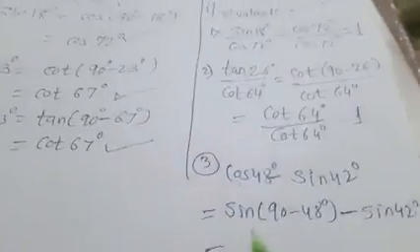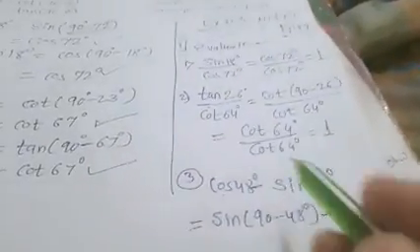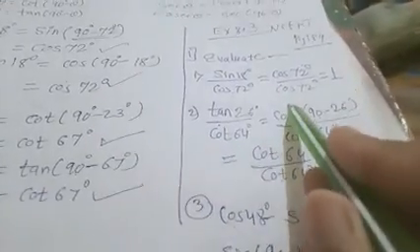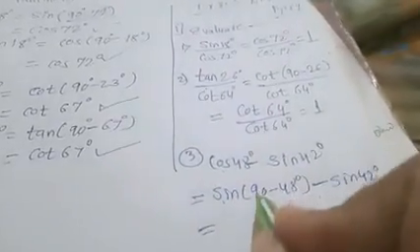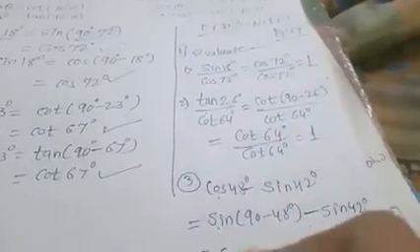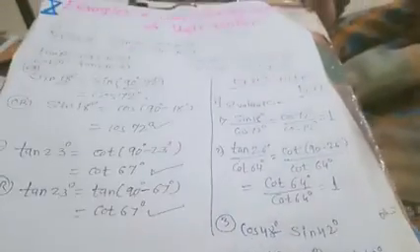No need of changing both ratios. Change any one only. Then sin 90 minus theta is what? Cos theta. And what is the value here? 90 minus 48 is 42.